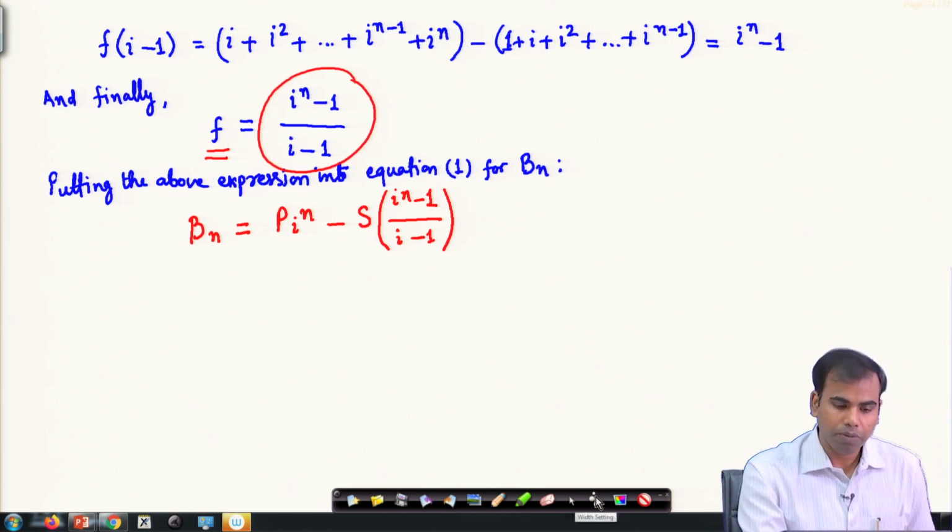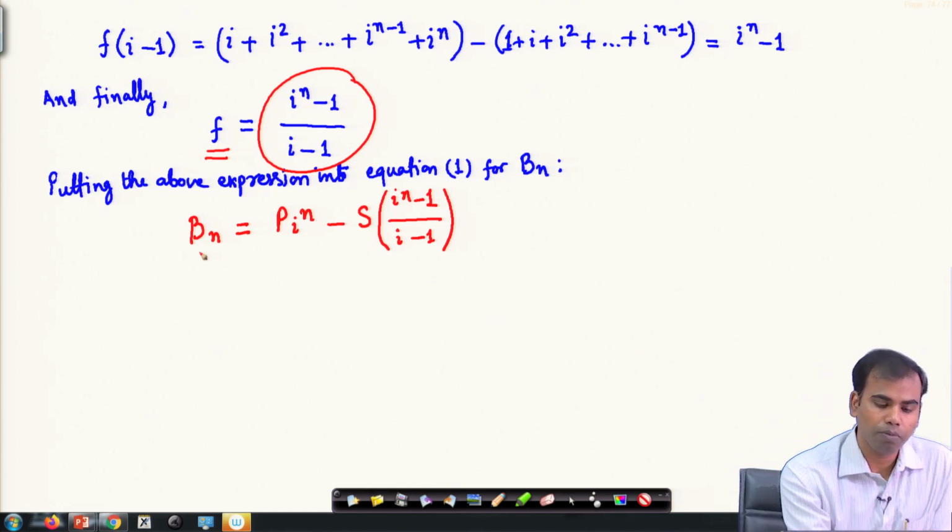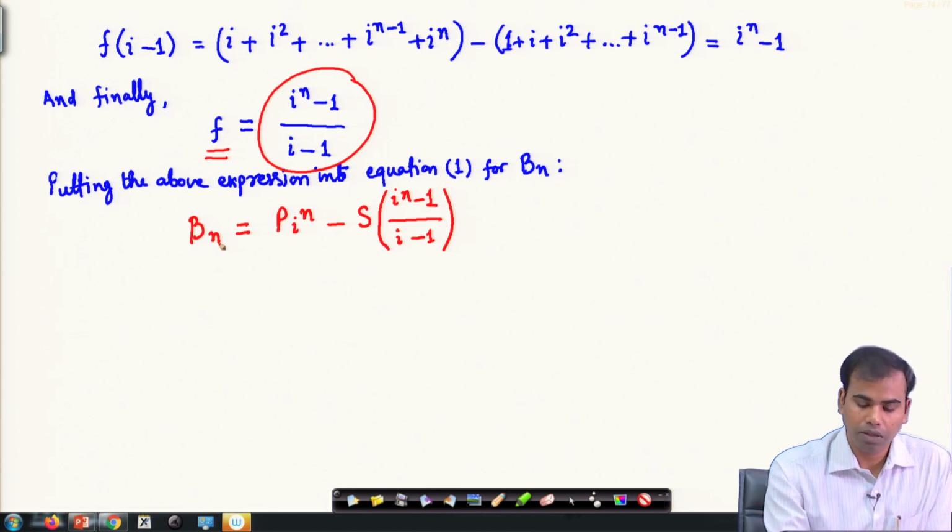Now, this particular thing tells us the value of loan balance for the nth period.